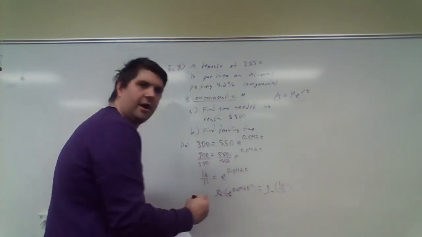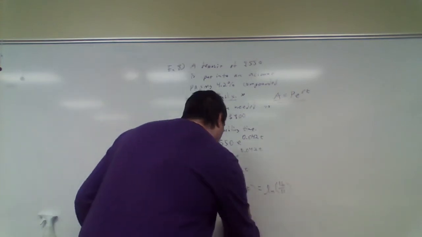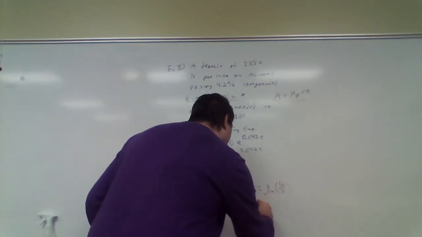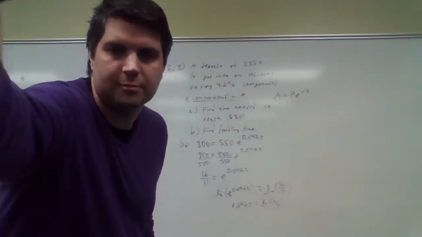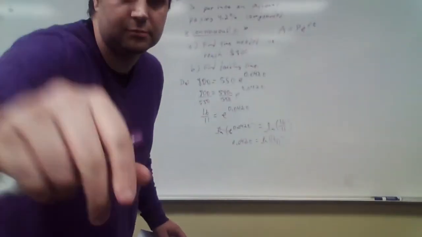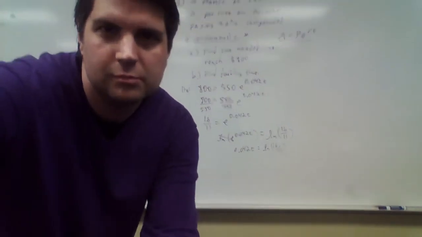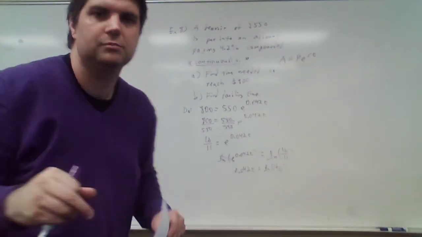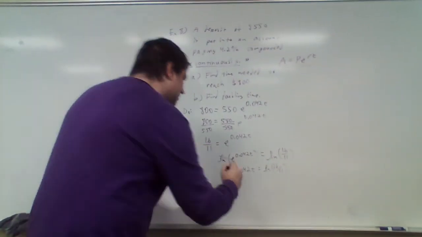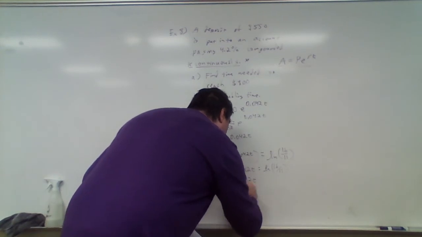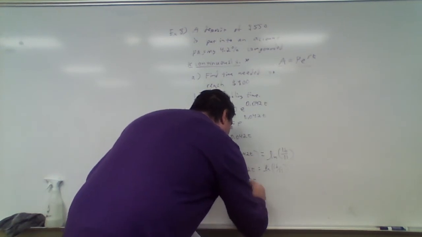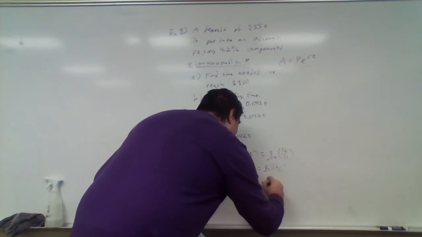So that's undone, and you end up with 0.042t equals the natural log of 16/11. Next, you want t by its lonesome, so you will divide off the 0.042. You'll do the same thing over here.